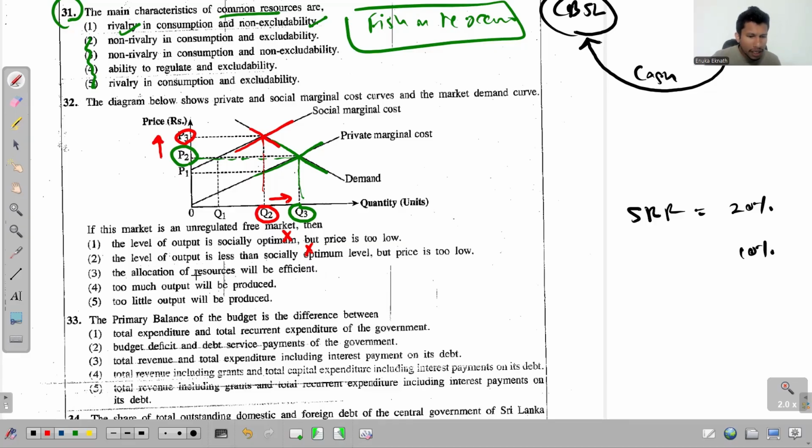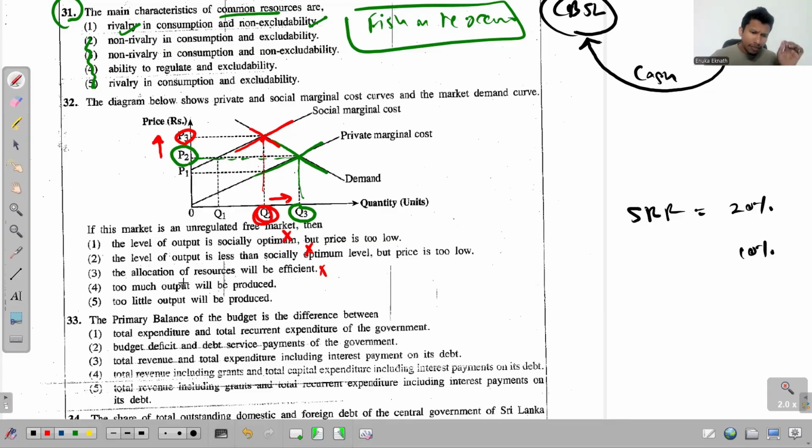Third one says allocation of resources will be efficient. Is it efficient? If there is allocative efficiency, resources must be allocated to produce the socially preferred quantity of goods. So this is the socially preferred quantity of good, but the market has allocated this much. And the resource allocation is not efficient, it's inefficient.